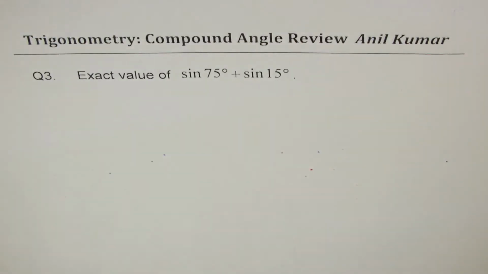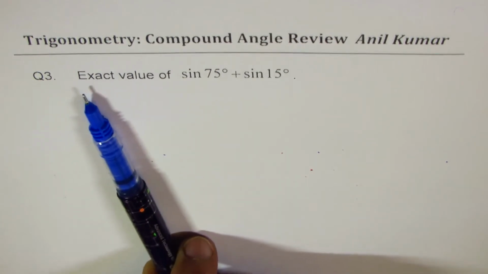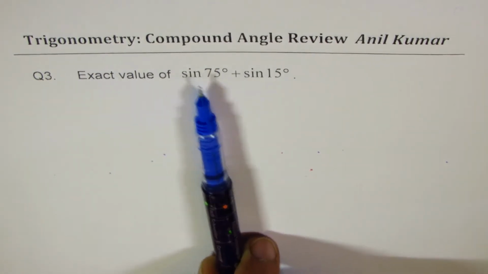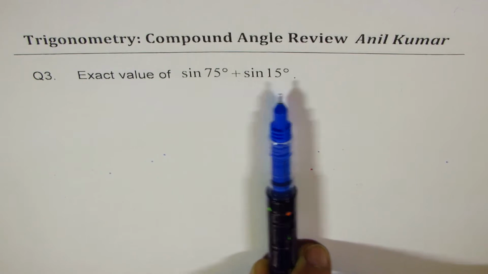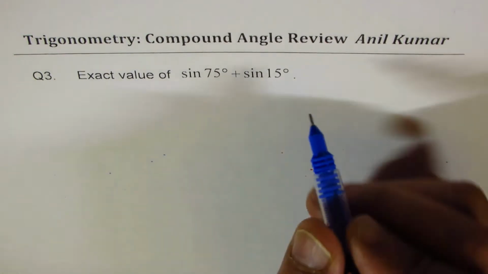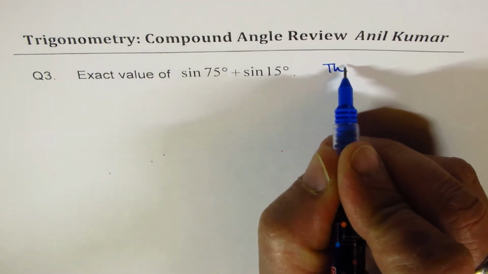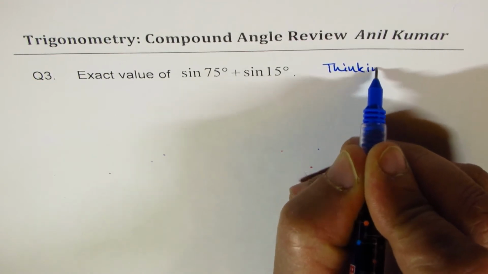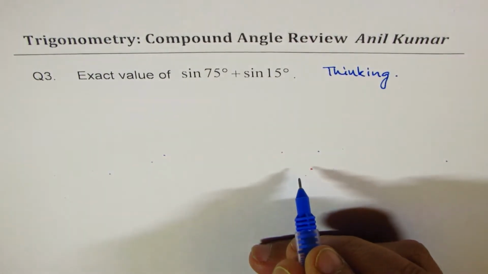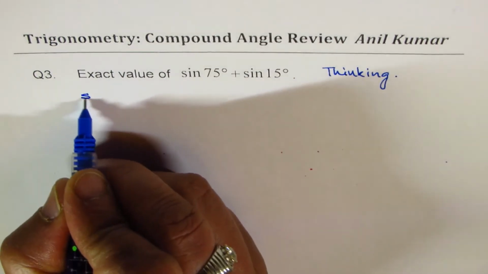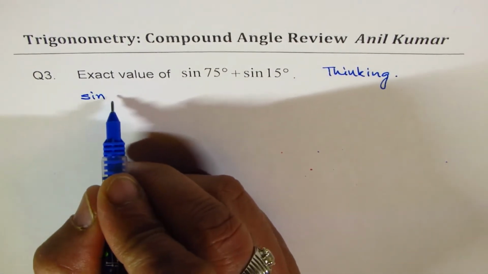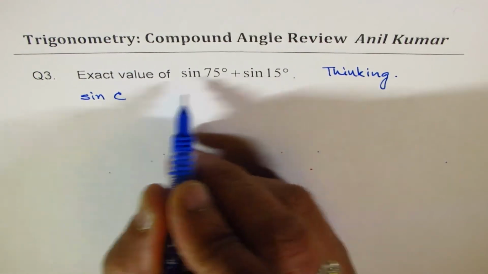Okay, let's move on to question number 13. Now here we need to find the exact value of sine 75 plus sine 15 degrees. Now this is a thinking question. Here we can apply a very special formula which I hope you remember. We have sum to product, right?